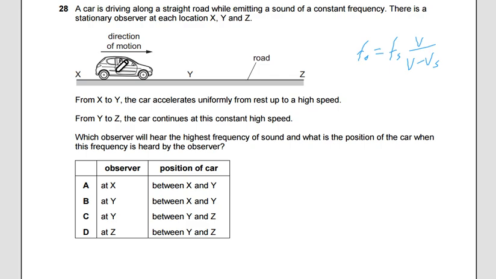So it is only y or z. For y, the speed is increasing, and only at y it is the maximum that will continue for z. So we don't accept y, okay? So it is only z, and certainly between y and z.